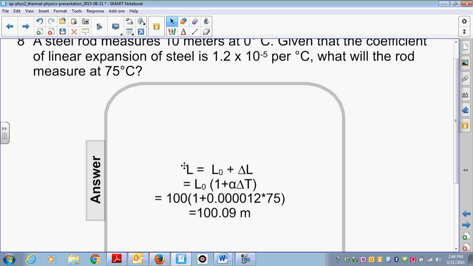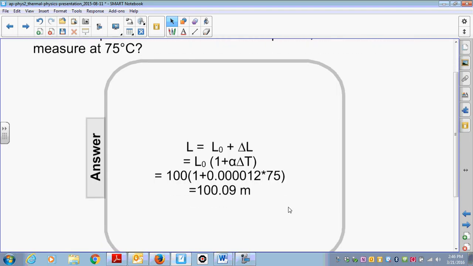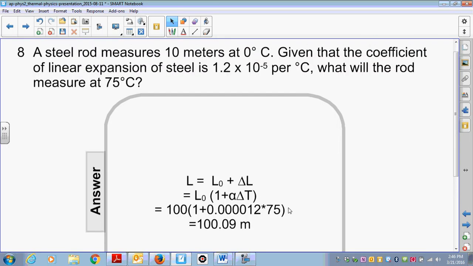So in order to find L, it would be equal to L naught plus delta L. Substituting in for delta L, which is going to be alpha L naught delta T, and factoring out an L naught, substituting in the numbers, we end up with a length of 100.09 meters. I did a lot of shortcuts here. So if you're unclear about how they got this formula, just let me know through Edmodo.